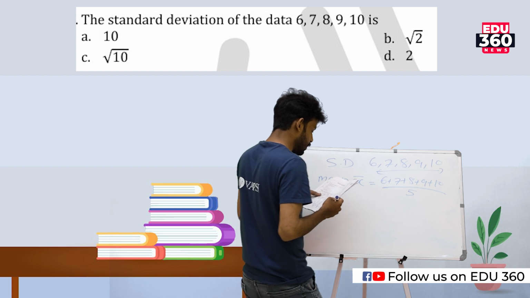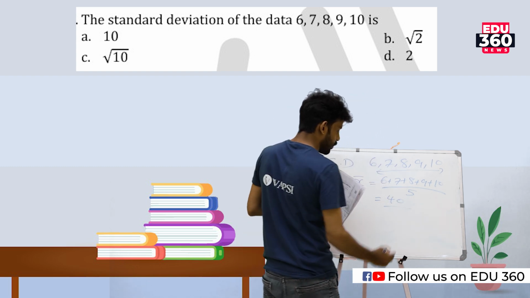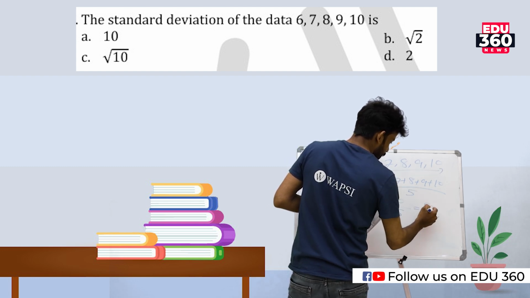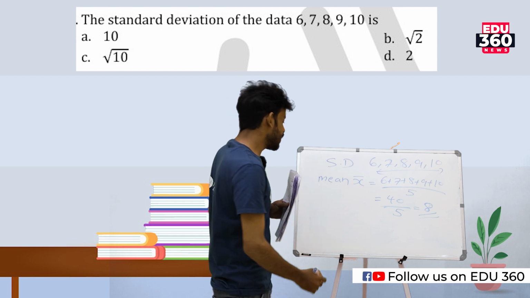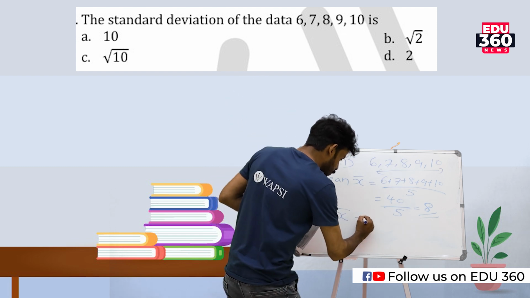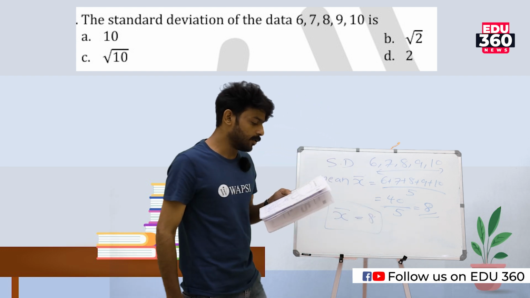So that is equal to 40 divided by 5. So we will get 8. So the mean x bar is equal to 8.